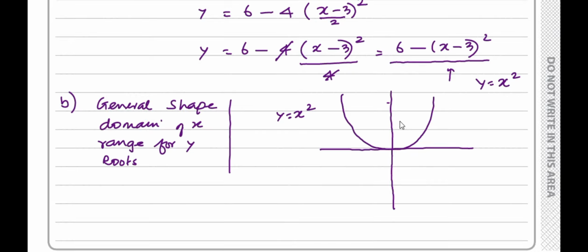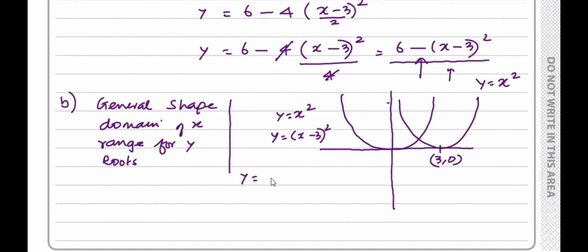Right. Now, imagine that we are going to transform it into (x minus 3) squared. That means y becomes (x minus 3) squared, which means it should move to the right by 3 units. So let's say it moves here 3 units. So this will become what? 3, 0. Perfect. Now next transformation is put this minus here.